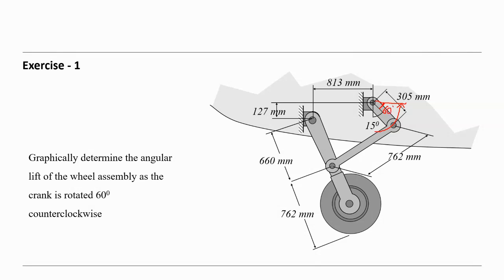Okay. So the crank, let's say here A, B, this is C, and this is, let's say, D. A, B, C, D is a four-bar mechanism.